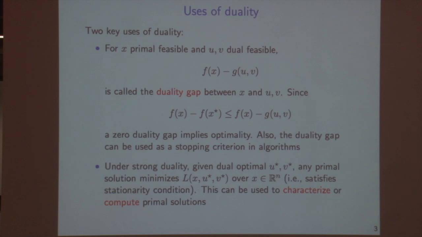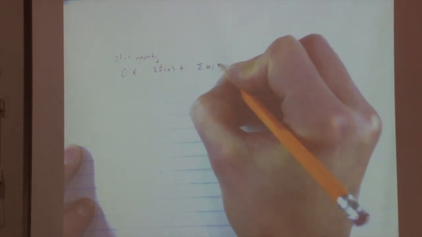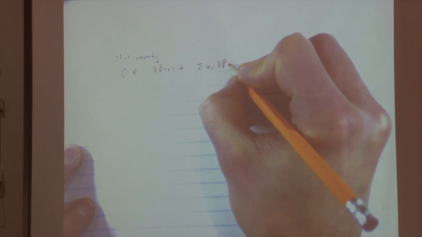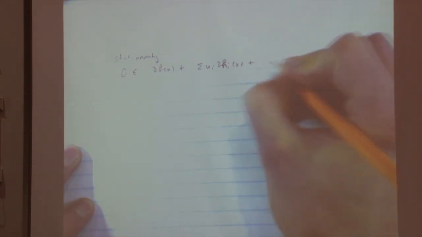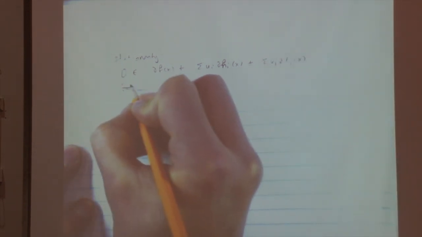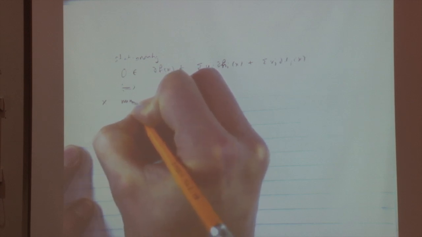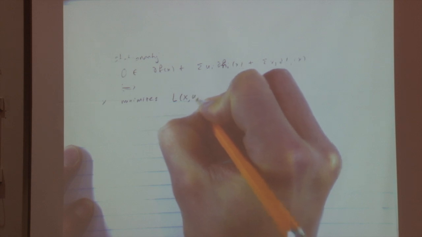The first KKT condition, the stationarity condition, says that 0 is a subgradient of f of x plus the sum of u_i times a subgradient of h_i of x plus the sum of v_j times a subgradient of l_j of x. This is the same thing as saying that x minimizes the Lagrangian L(x, u, v).